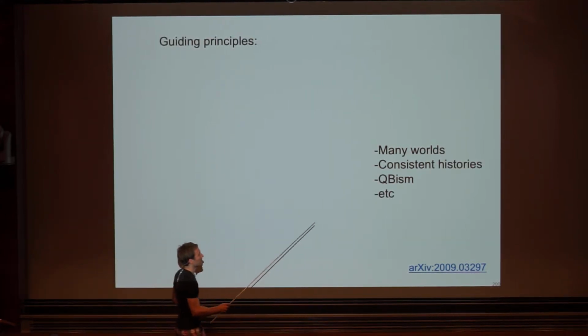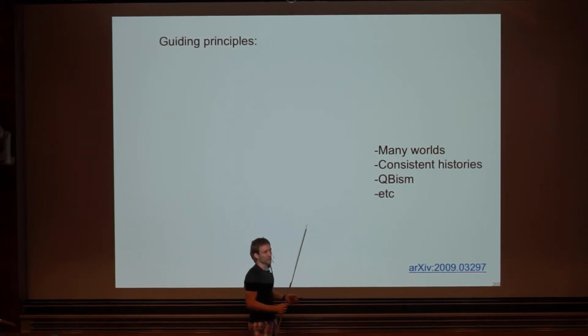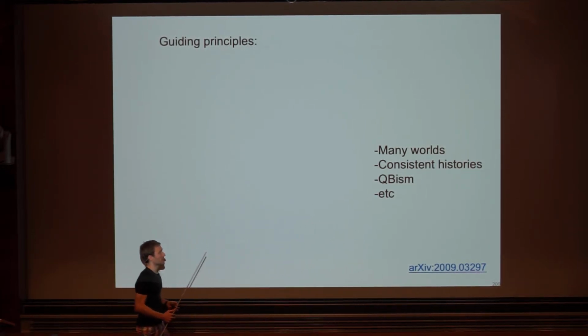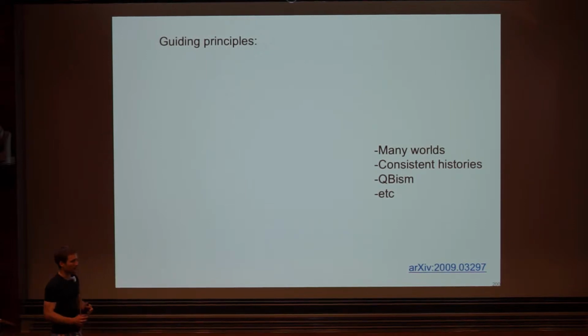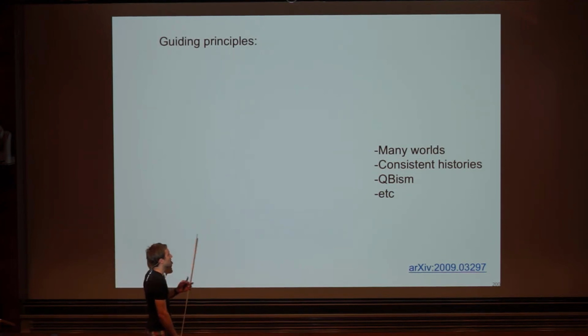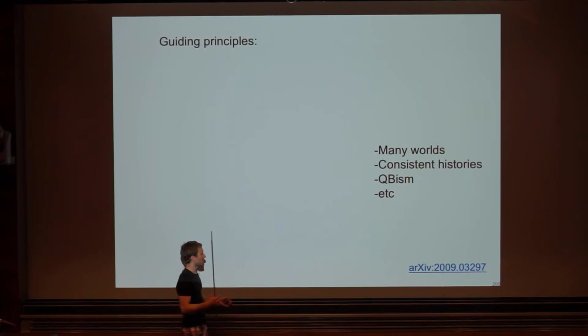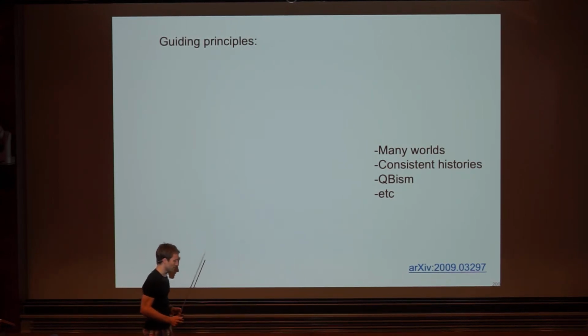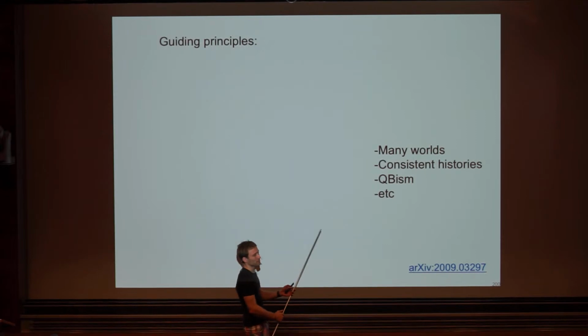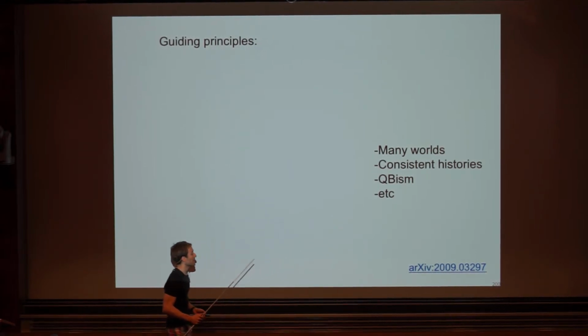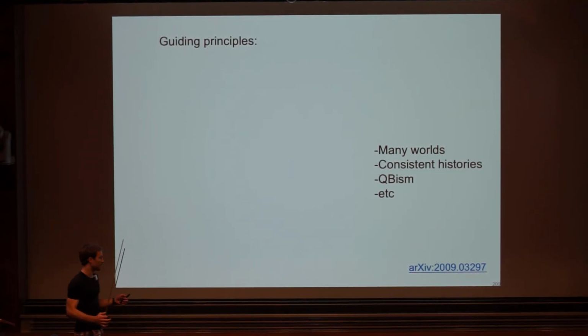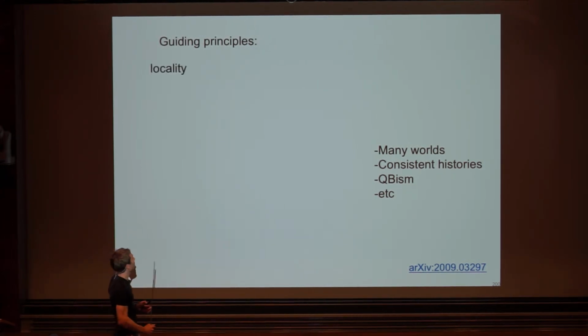Like in many worlds, it still purports to be a realist explanation, but it's unclear how you get any kind of causal explanation out of many worlds, and it requires you to believe in this multiplicity of worlds. It's a very radical interpretation. And similarly with other attempts to maintain realism, they typically give up on some really strong features that we'd like to hold on to. Like in cubism, you give up on observer independence, and there's no objective world that's universal to all observers. So we need to have some guiding principles, otherwise you can just go wild.